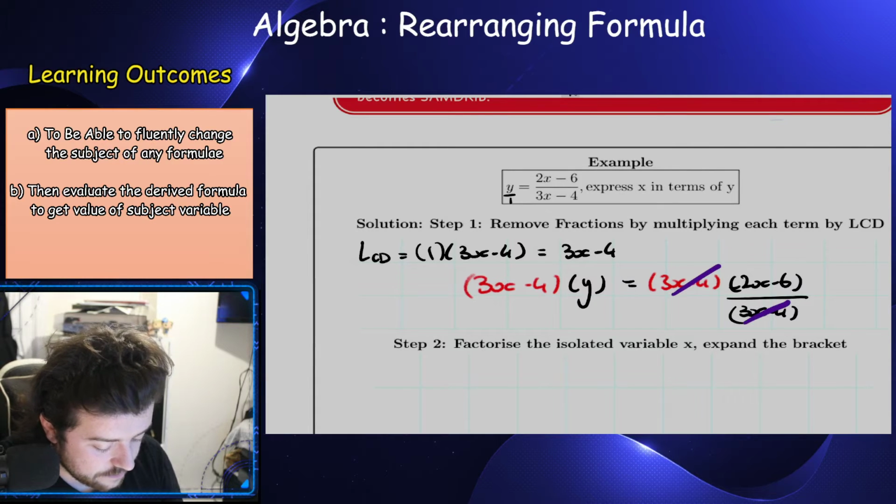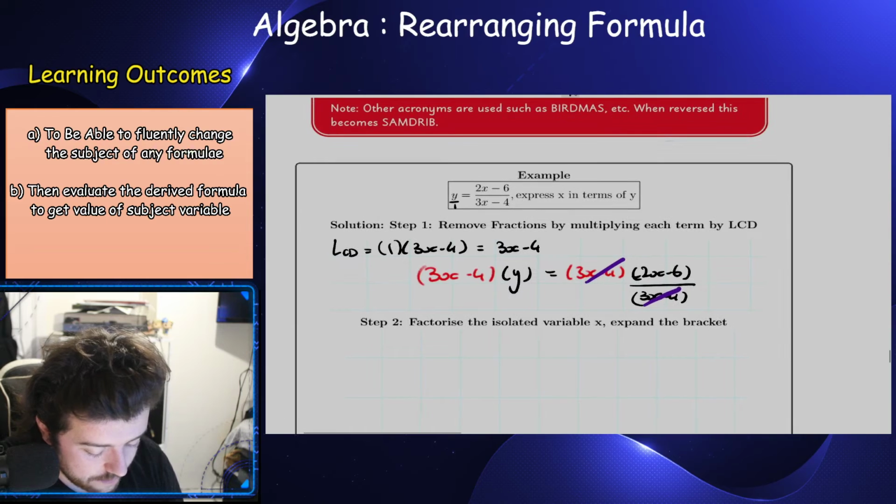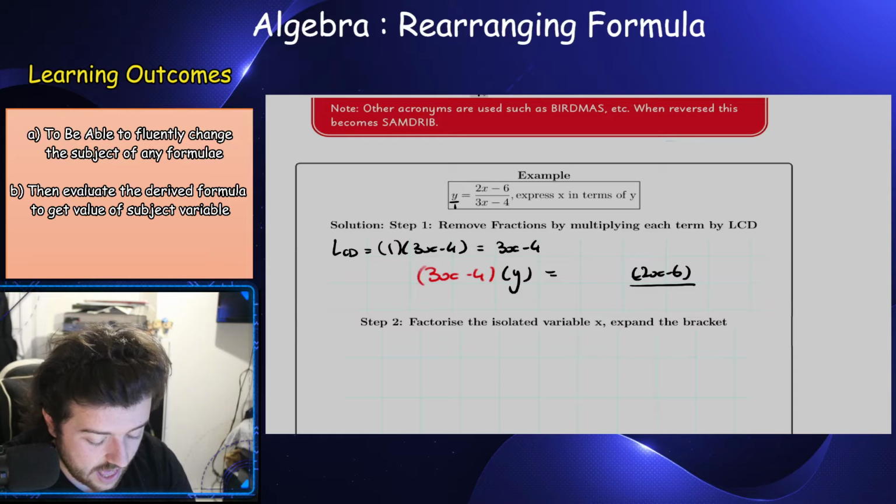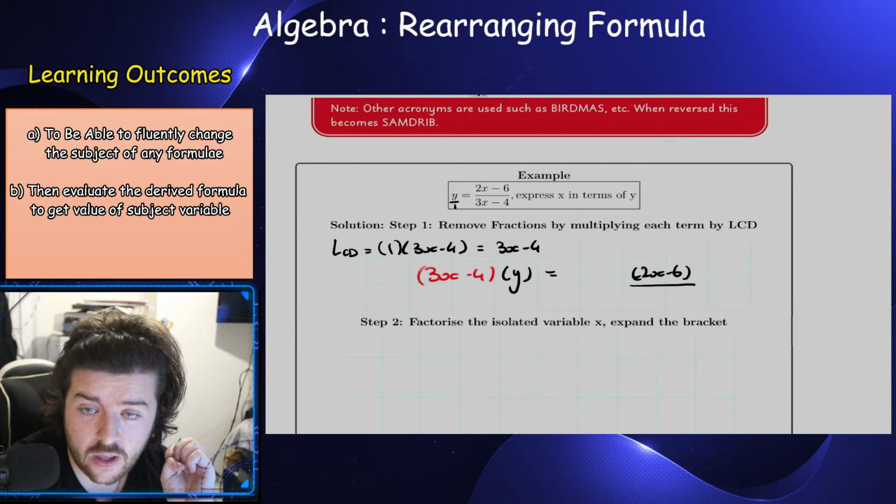These will cancel out. So I'm going to be left with now (3x minus 4) times y is equal to 2x minus 6. And that's me done for the first step.